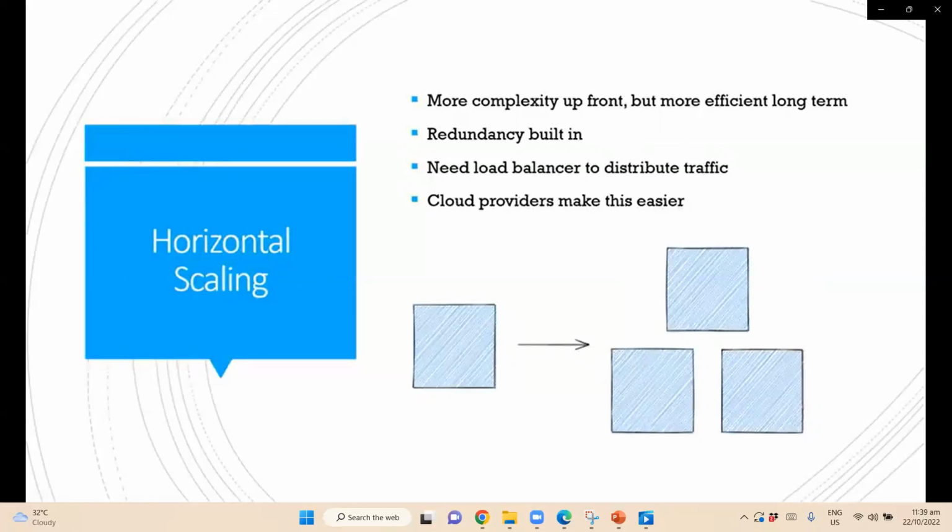The problem is that it's slightly more complex up front to build this way, but more efficient long term, because you can buy commodity hardware and it's much cheaper when you buy in bulk like that. And recently, thanks to the cloud service providers, we can build on their services, and it basically abstracts away a lot of that complexity.